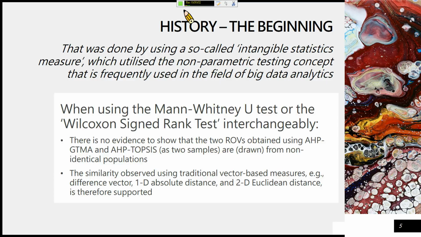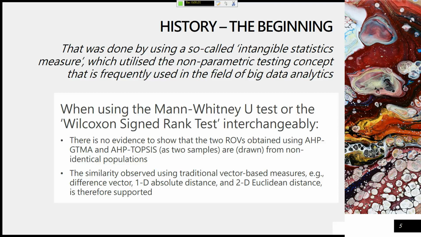Based on this treatment, they further used the Wilcoxon signed-rank test, or the Mann-Whitney U-test, to establish an intangible measure and found that there is no evidence to show that the two ROVs are from non-identical populations. So it is very probable that the two samples are not from non-identical populations.